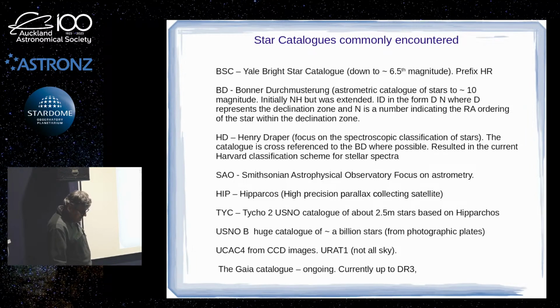You've got the SAO, you see that quite often, Smithsonian Astrophysical Observatory. This is a positional catalogue is what its primary focus is, astrometry. And similar, the Hipparcos high precision parallax collecting satellite, that was a satellite put up by the European Space Agency.